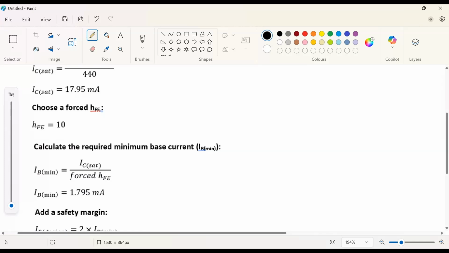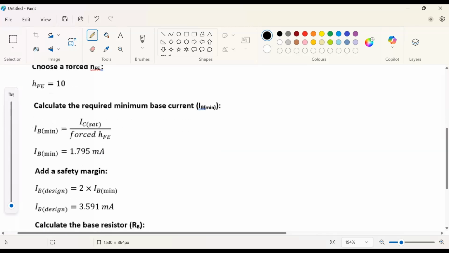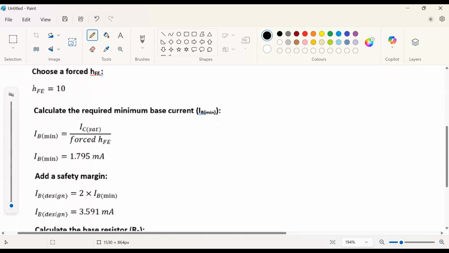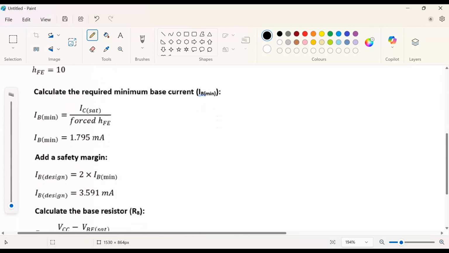Typically, in the active region of the transistor output characteristic, we would have a beta of 100 or 200. But since this is saturation, we are choosing a beta of 10. Then we calculate the minimum base current by finding IC sat by forced beta. This is equal to 17.95 milliamps divided by 10, which is 1.795 milliamps.